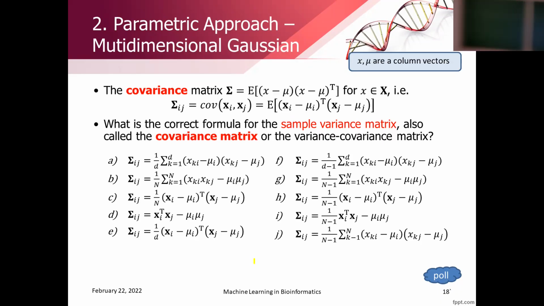So we look actually at the first d values, not through the whole vector. So it's evidently wrong. So A is wrong.